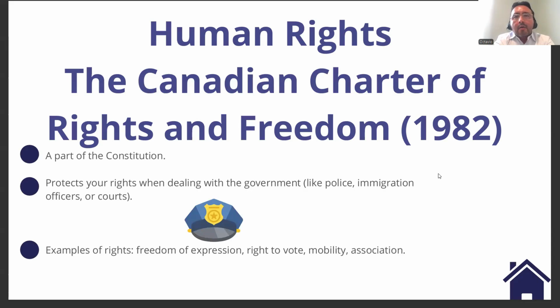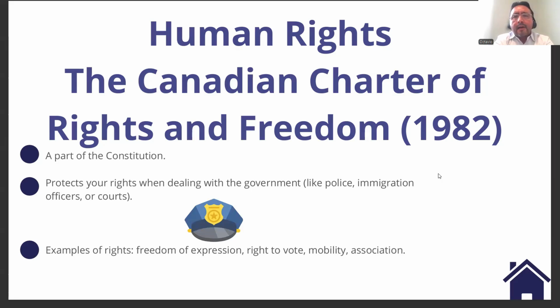So pretty much it talks about our rights as individuals in this country. So it would protect us against any federal authority if they exceed their power or the way they are acting.